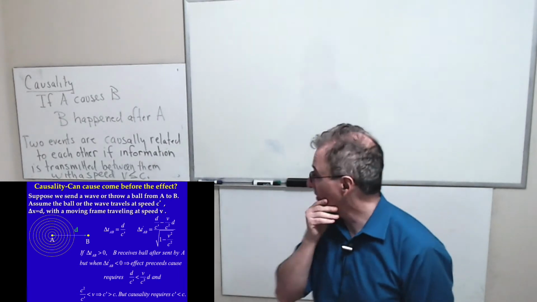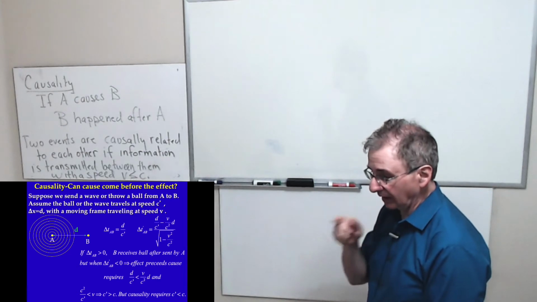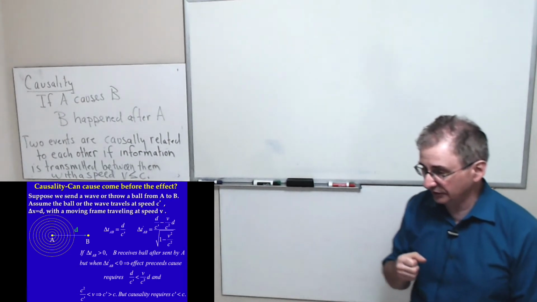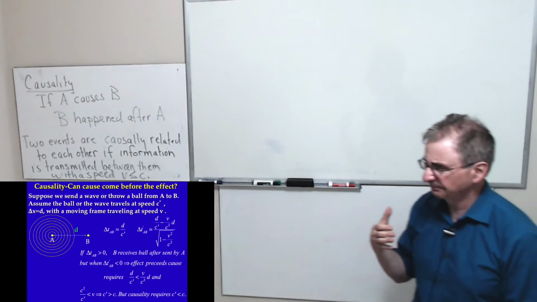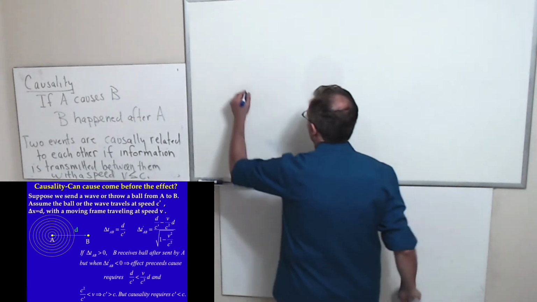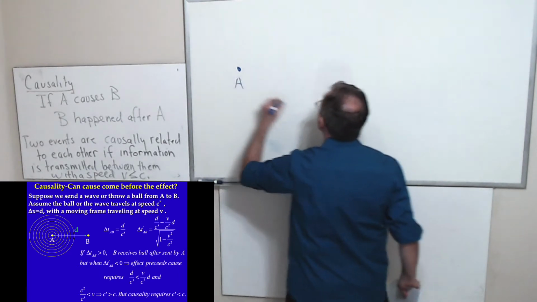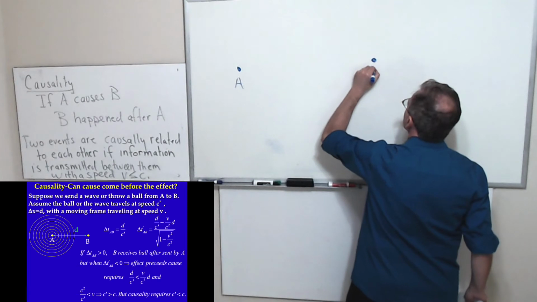Okay. So I want to do an example, and then I'll talk a little bit about it. And I have the example that you see on the screen there. Suppose we send a wave or throw a ball between 2 points A and B. And I'm just going to focus on throwing a ball between these 2 points.